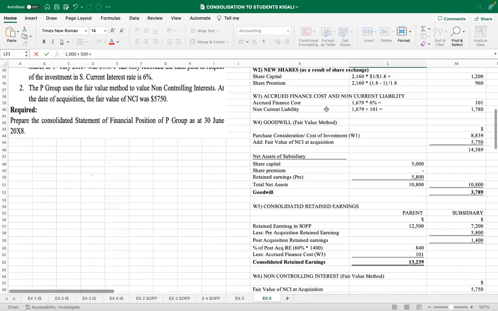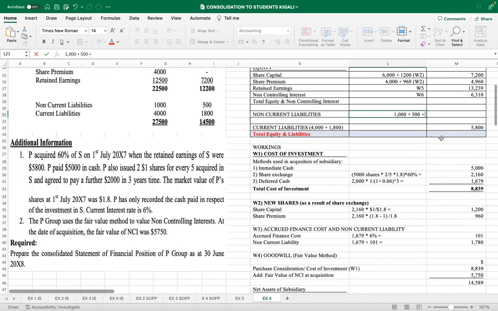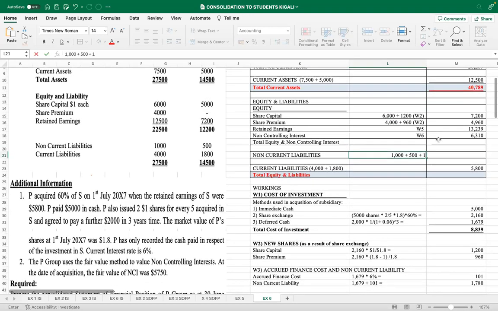Non-current liability is 1780. 1780 is working 3.